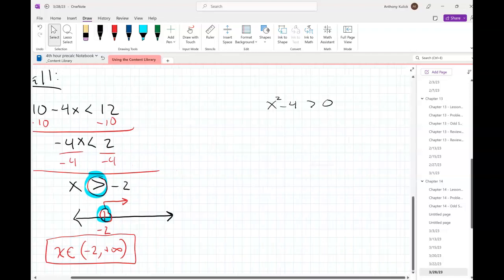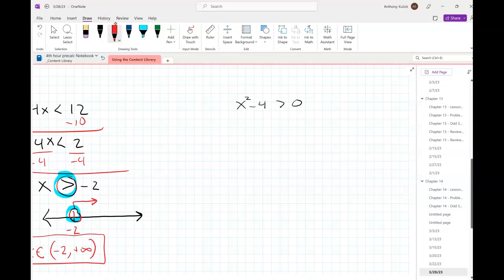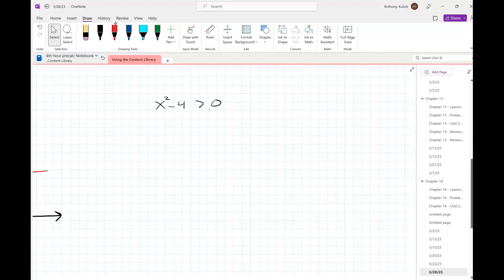How about one like this? This is an Algebra 2 kind of example. You should have done this last year. I think you did through quadratics at least. How do I do something like this? Nope, don't want to do that. I have to do something before I start doing any algebra steps.